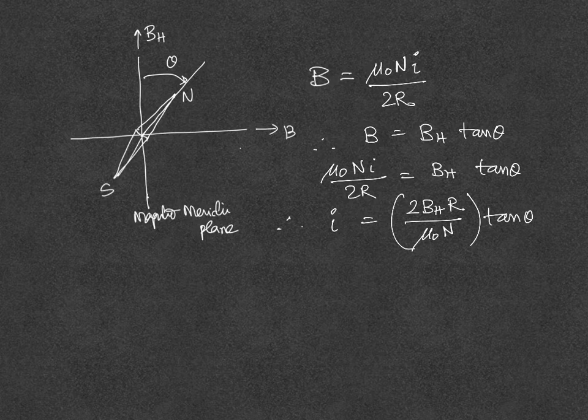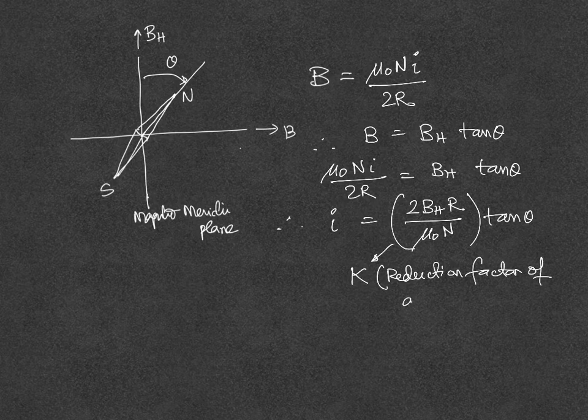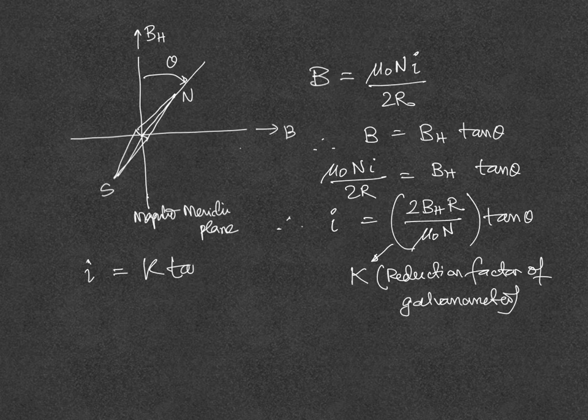Now this term is represented as K, and this is known as the reduction factor of the galvanometer. So we can write i is equal to K tan theta.